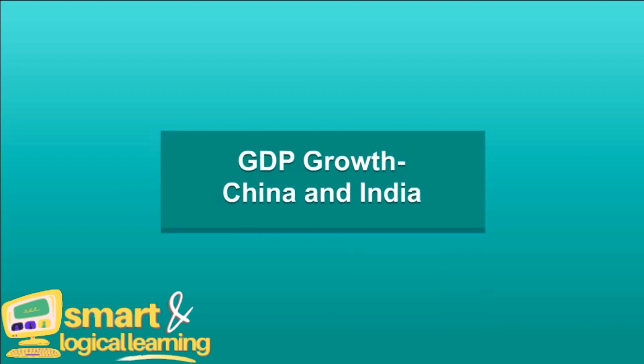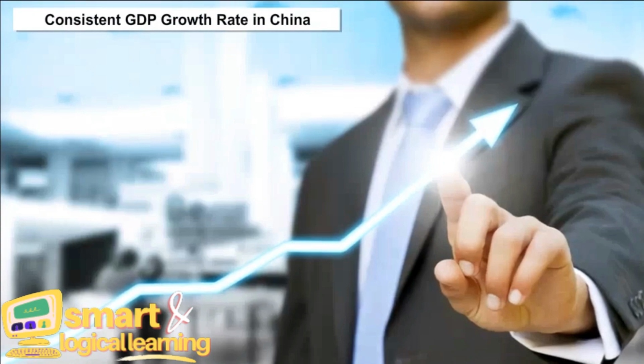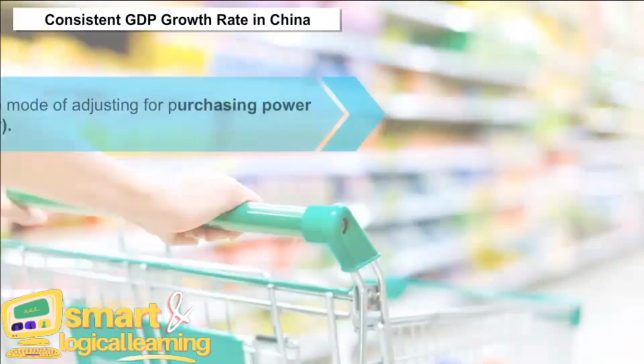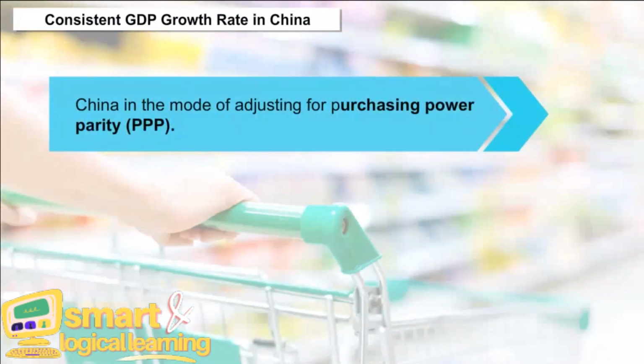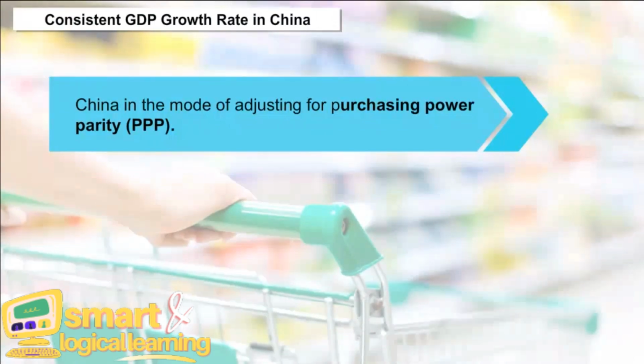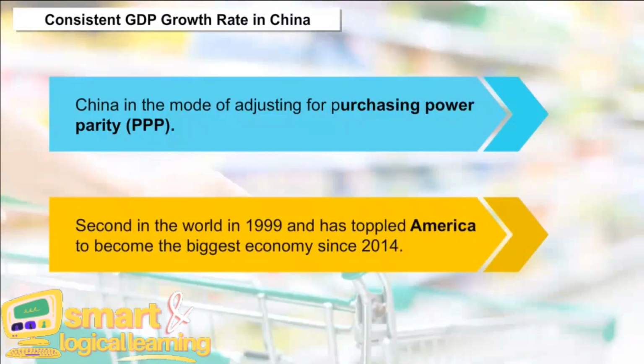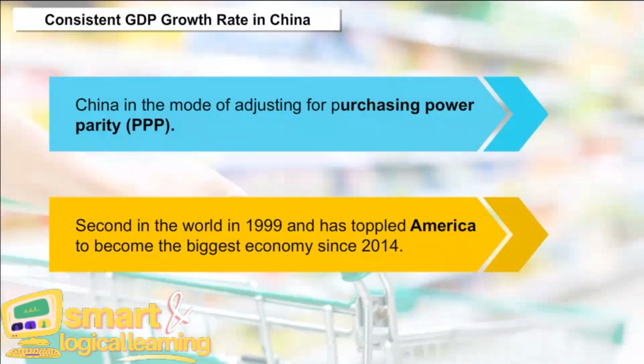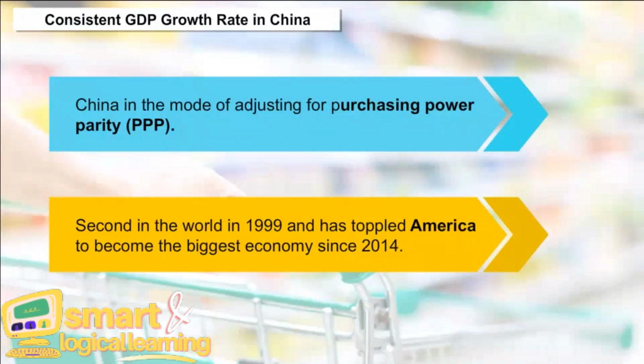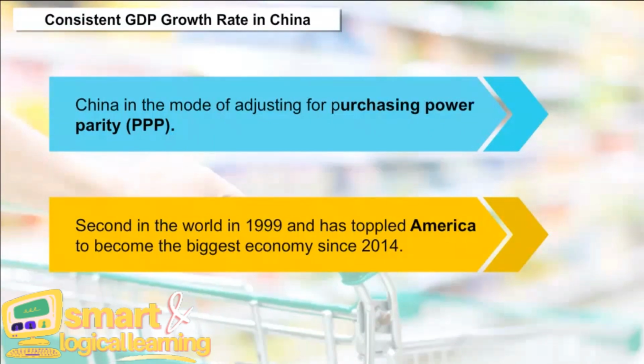GDP growth, China and India. Consistent GDP growth rate in China. China, after adjusting for purchasing power parity, PPP, became second in the world in 1999 and has toppled America to become the biggest economy since 2014.